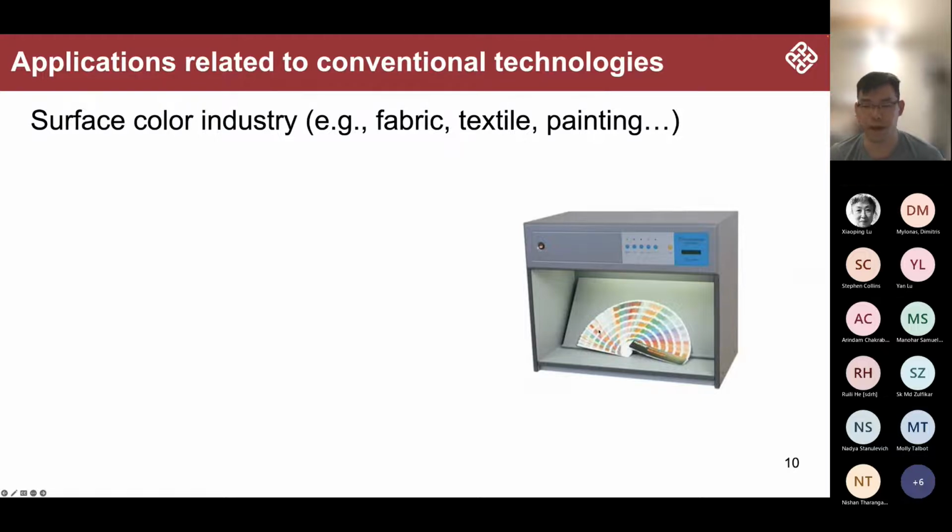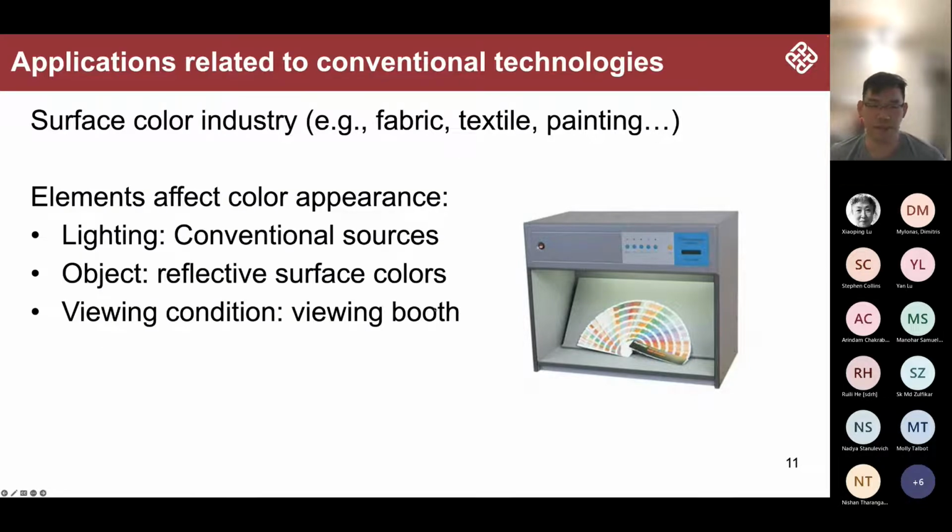And then we typically put these color samples or color checkers in a standard viewing booth, which means we always have a standard lighting condition, mainly including the A source, D65, and the fluorescent tubes. So we fix the lighting conditions, and most of them are conventional light sources.